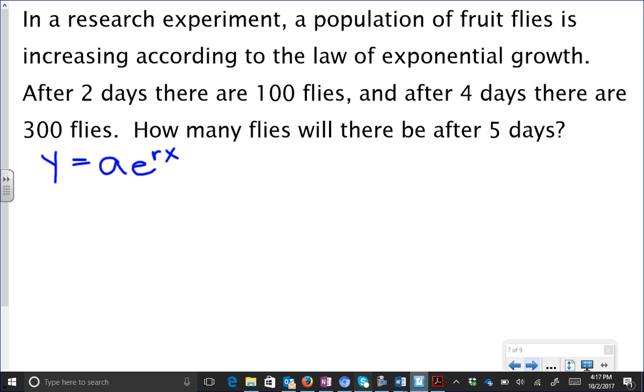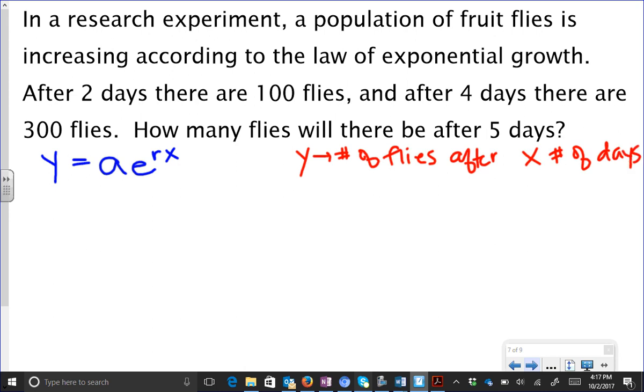Okay. So, after 2 days, there are 100 flies. So what I'm going to go ahead and do is define our variable to be y is the number of flies after x number of days. Okay?